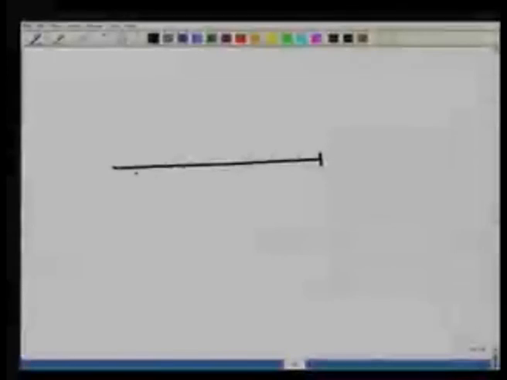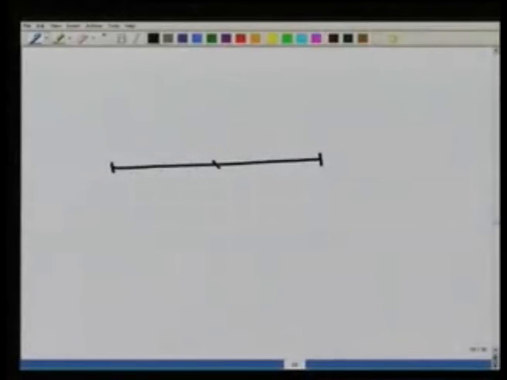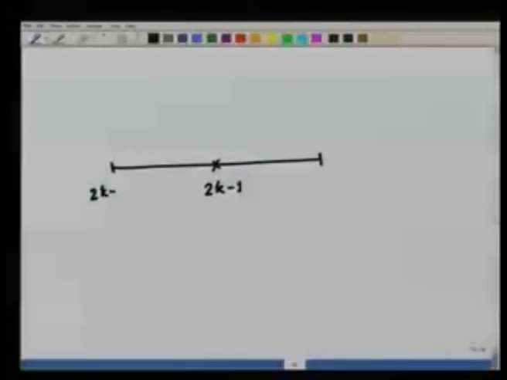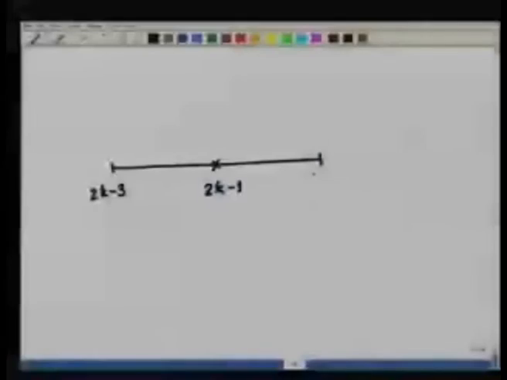So let us take, I will not take the ith row, I will take this one as the 2k minus 1th point. Okay, so this is 2k minus 3. Here we have to differentiate between these nodal functions and the internal bubble functions. So let us take the nodal functions that we have.